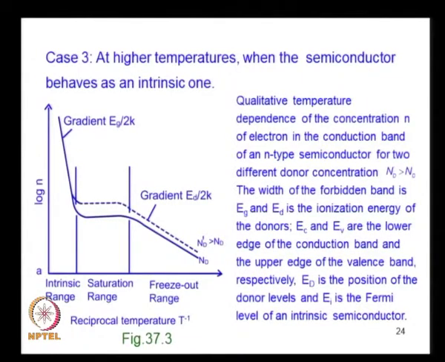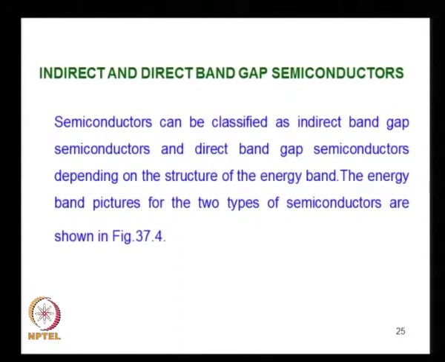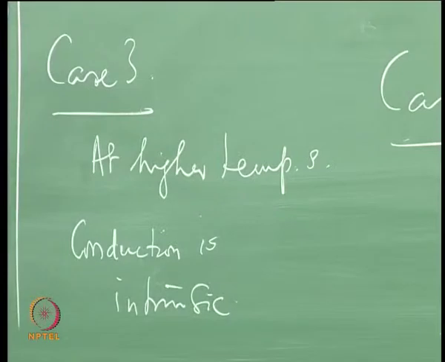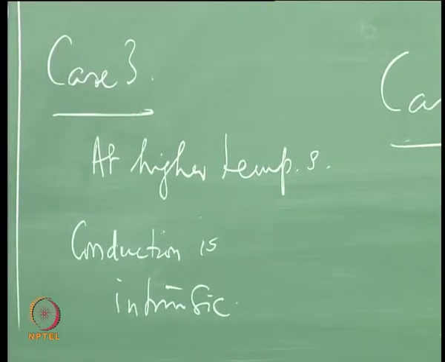As a function of 1 by T, the logarithm of the concentration is plotted, and you have an intrinsic range, then the saturation range where the concentration is constant, and then a freeze-out range. So, this gives the basic mechanism and basic results of carrier transport in a pure n-type semiconductor, which can be treated analytically.